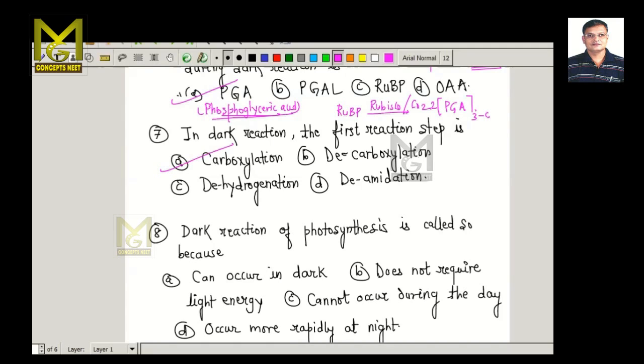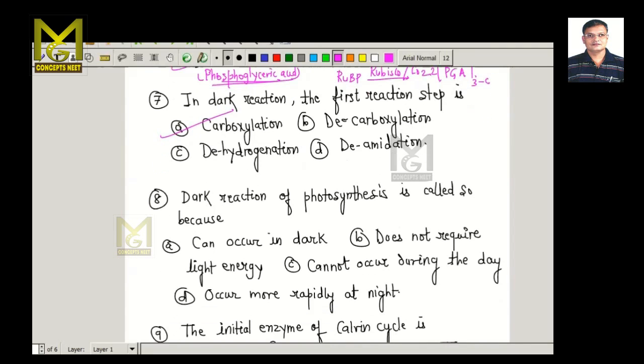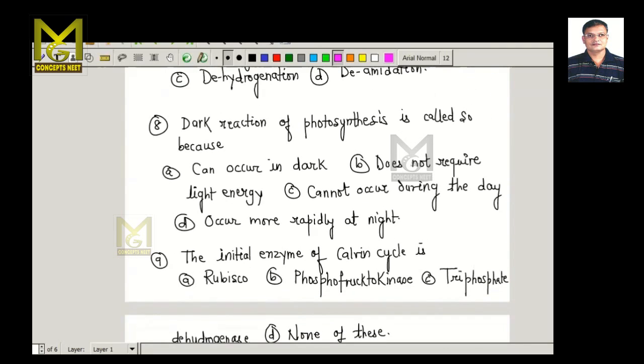The dark reaction of photosynthesis is also called so because it does not require light. We also call this reaction the light independent reaction.